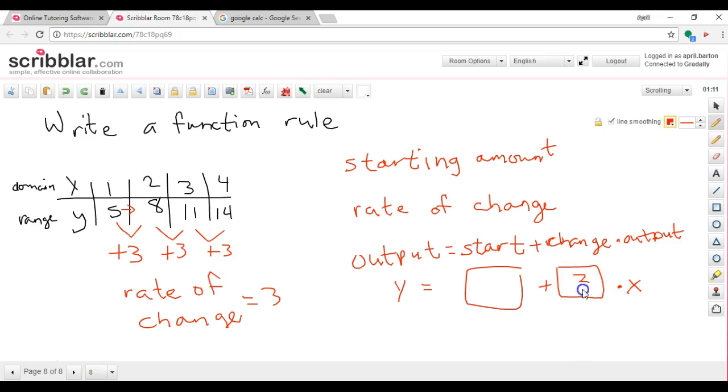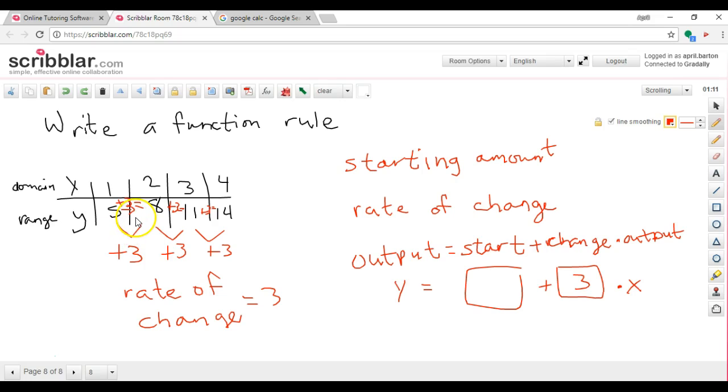So now we know this is a 3. Why 3? Because 5 plus 3 is 8, and 8 plus 3 would give you 11, and 11 plus 3 is 14. Fantastic question. It's what we're adding every time to get to the next number.